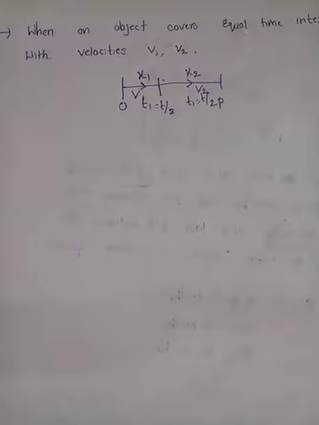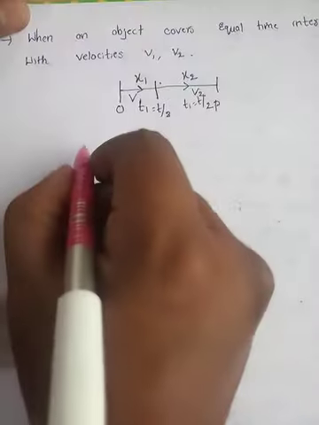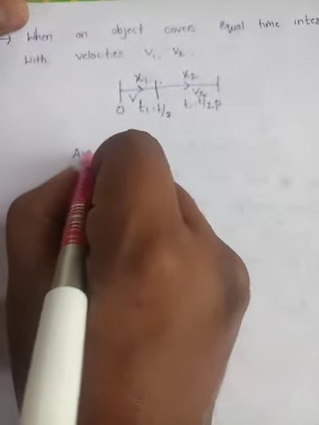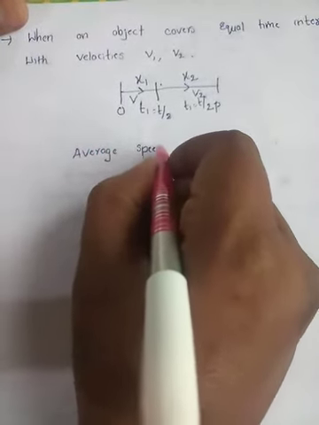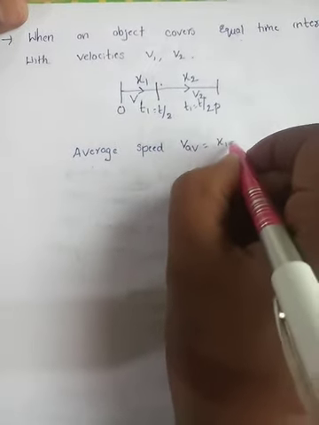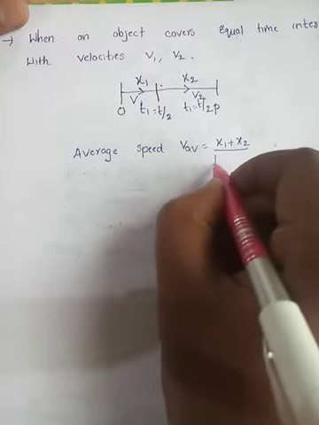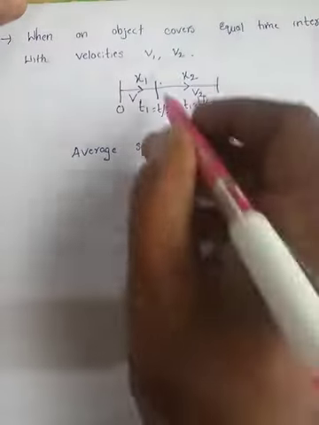So here we know v1 and t1, but we don't know x1 and x2. First let us take the average speed formula. Average speed is equal to the total distance traveled, that is x1 plus x2, by t1 plus t2. We know t1 and t2, but we don't know x1 and x2.